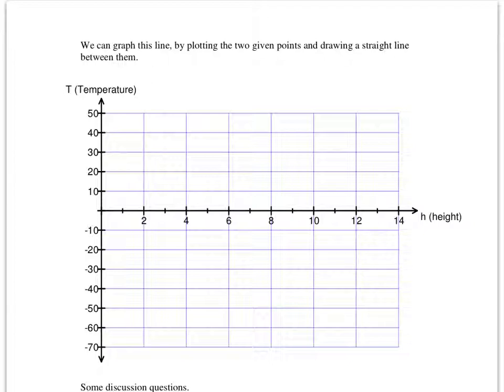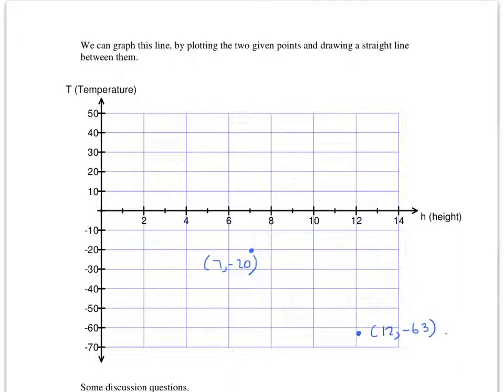So on the next page we're first asked to plot the 2 points and draw the straight line between them. Let's remember that we've got temperature on the y-axis, height on the x-axis. Taking the first point, 7 kilometres and negative 20 degrees, we've got this point here, coordinates 7, negative 20. And the second point was 12 kilometres and negative 63. So 12, negative 63.